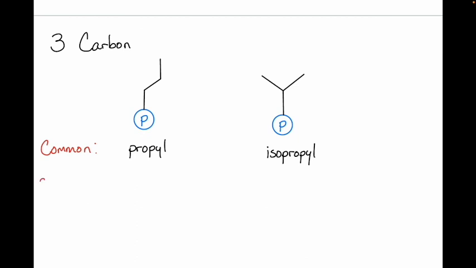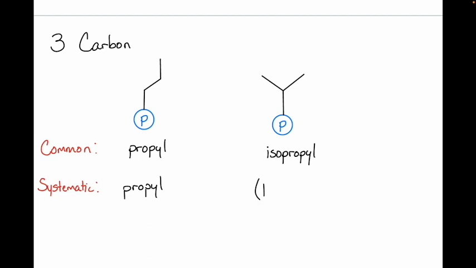The other ones are the IUPAC systematic names. For propyl, it's just propyl. That was the normal one. But for isopropyl, that was that very first example that we did.